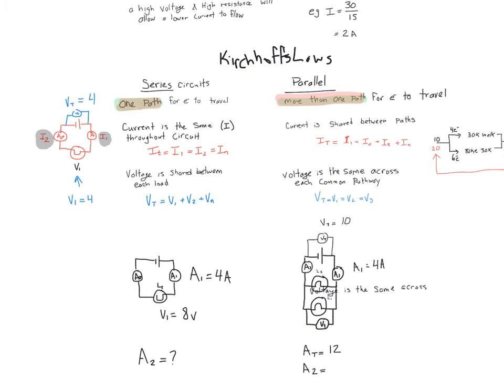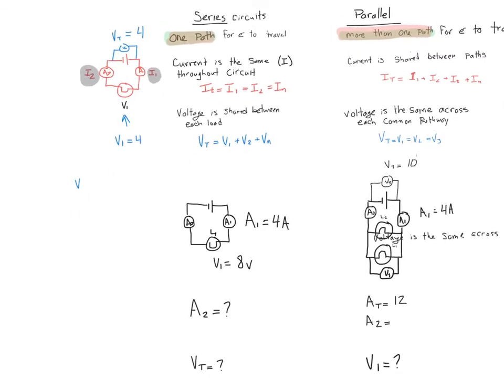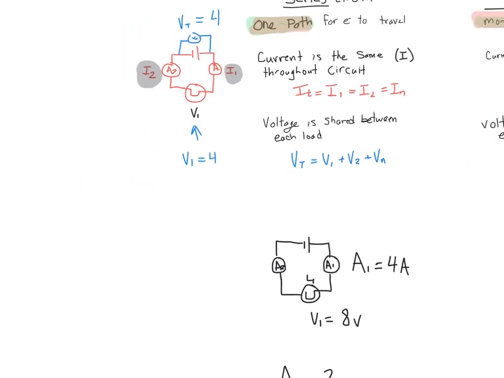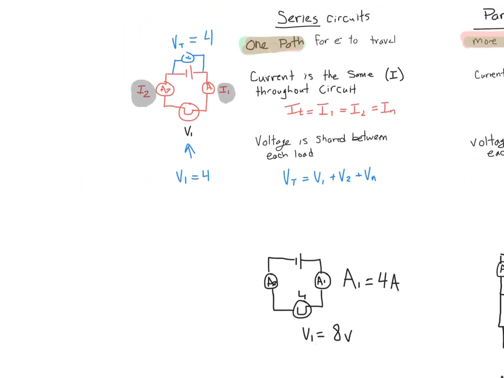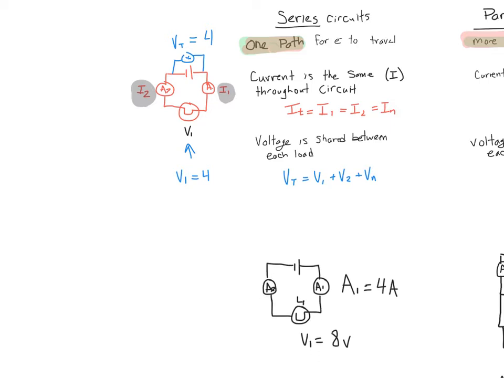So let's work on a series problem first. So here we have a circuit. Our circuit has a cell and 2 ammeters, and here's a light that I've labeled load 1.